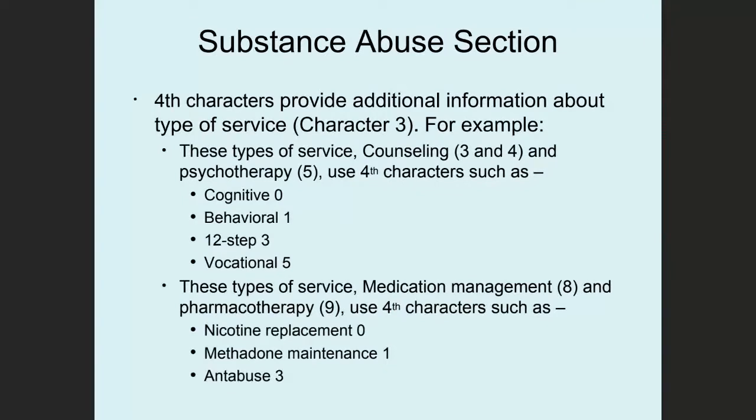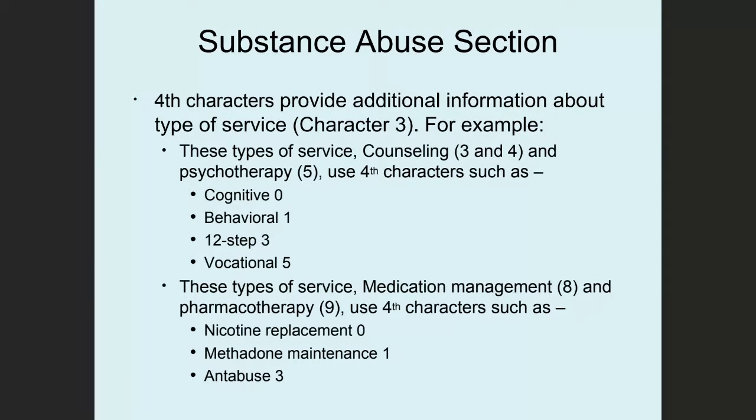So that was the third digits. The fourth digits indicate more information about the type of service being provided. For third character counseling 3 and 4 and psychotherapy character 5, the fourth characters are such as cognitive, behavioral, 12-step, vocational.